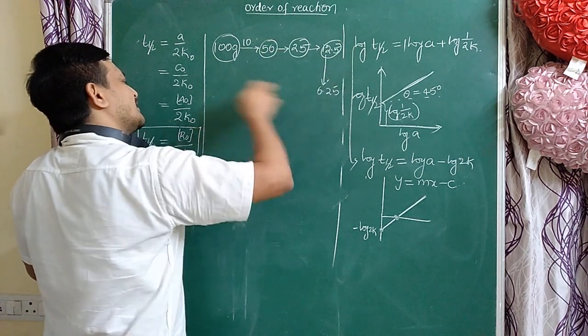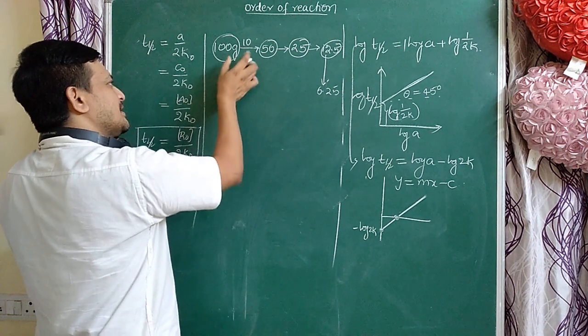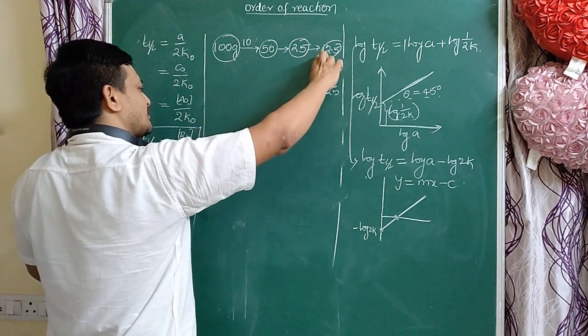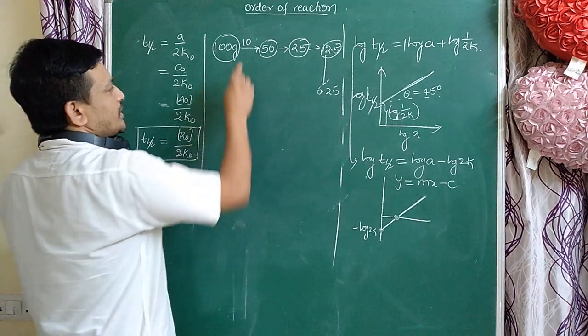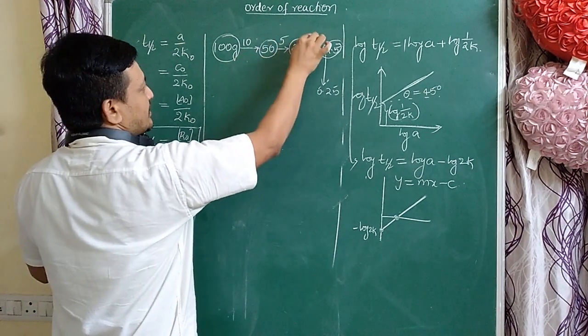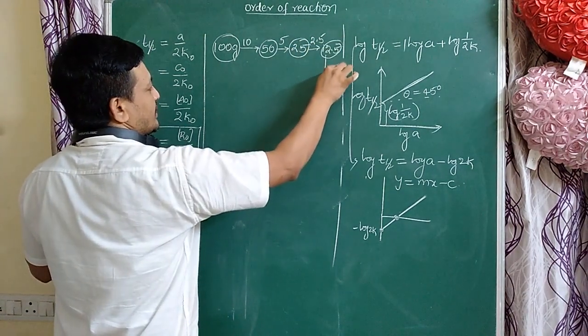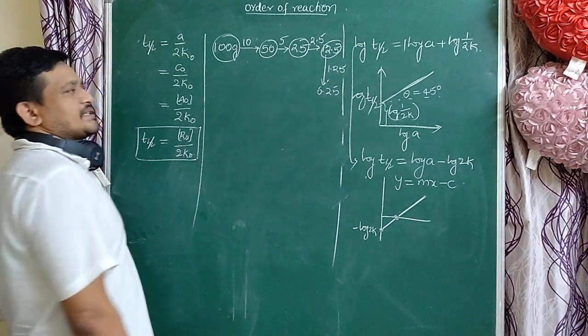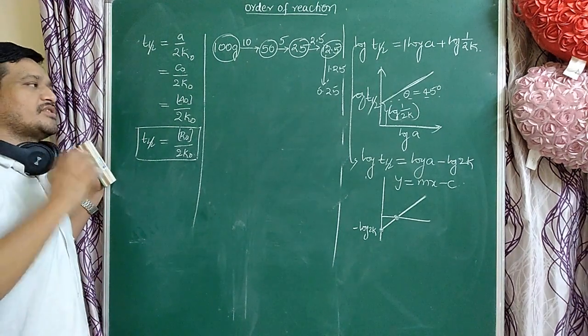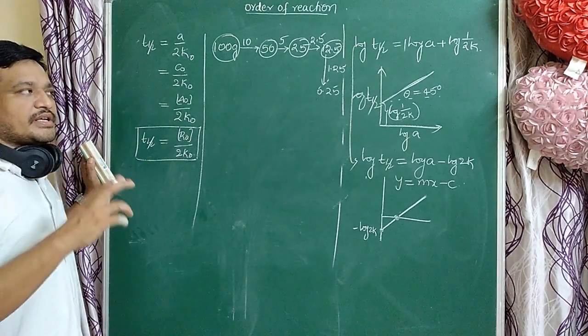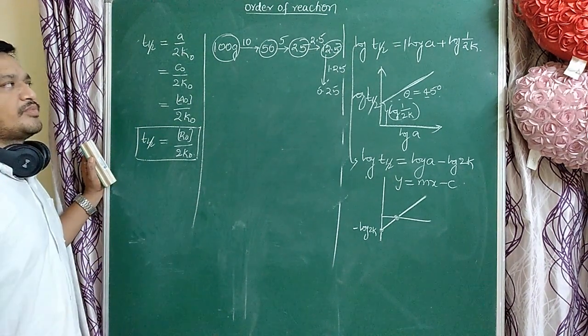Initial concentration decreases, the half-life decreases. This is one half-life, this is also a half-life. So here 10 minutes, here 5 minutes, here 2.5 minutes, here 1.25 minutes. So as initial concentration decreases, the half-life of the zero order reaction decreases. That is very important.